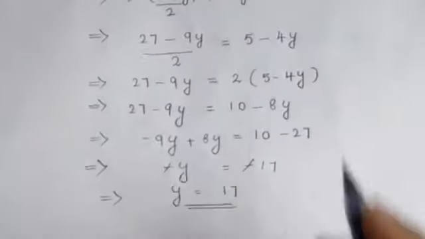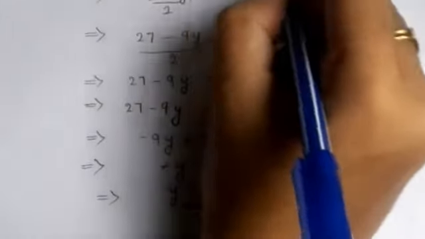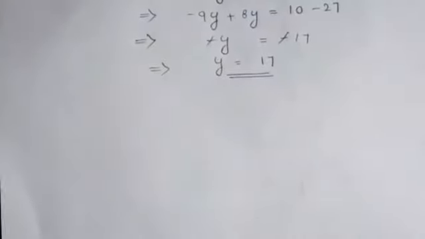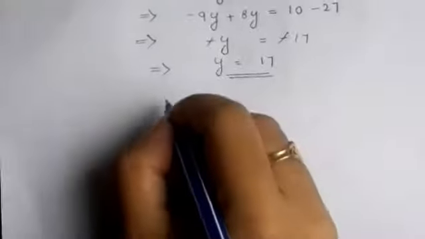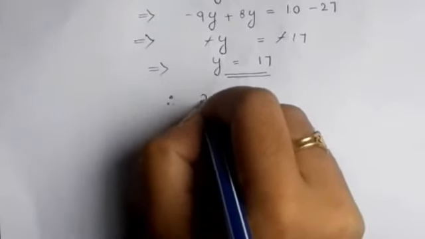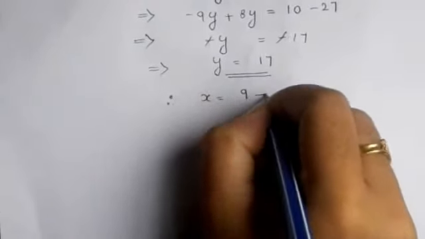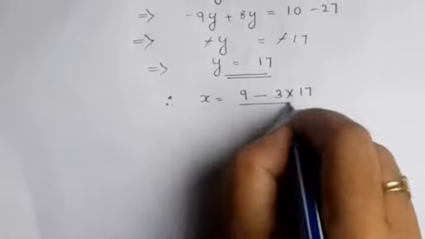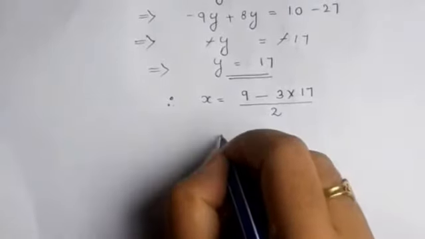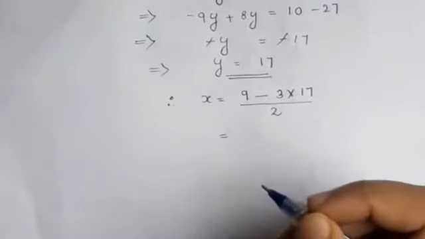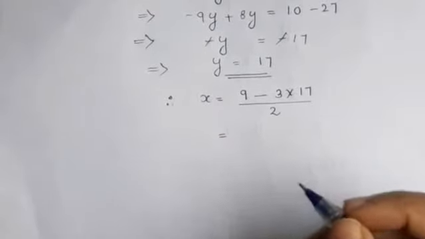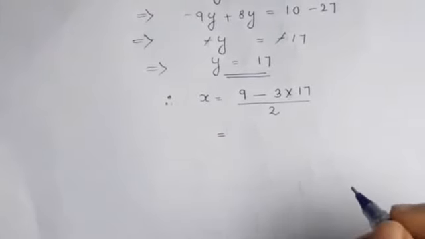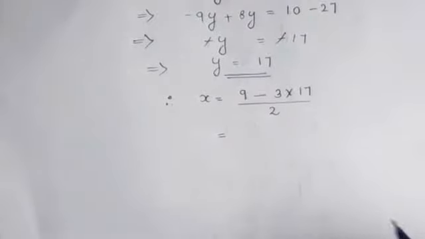Next we have to find out the value of x. For this you select the relation. What is the relation? x is equal to (9 minus 3y) all divided by 2. So x is equal to (9 minus 3 into y). What is y? You got y, it is 17, divided by 2. So x is equal to 9 minus 3 into 17, all divided by 2.